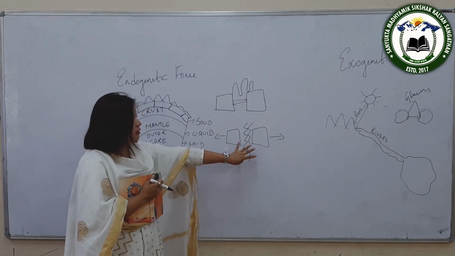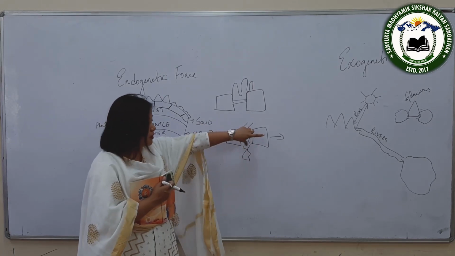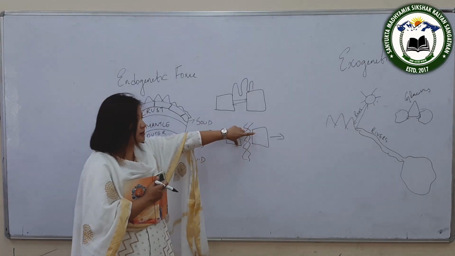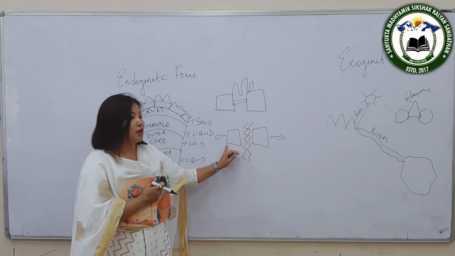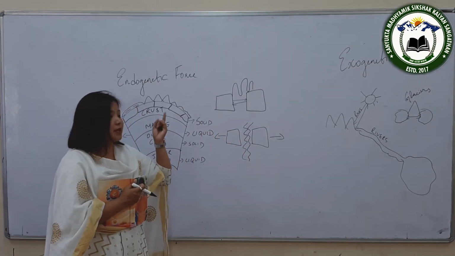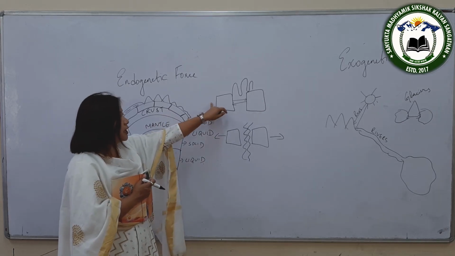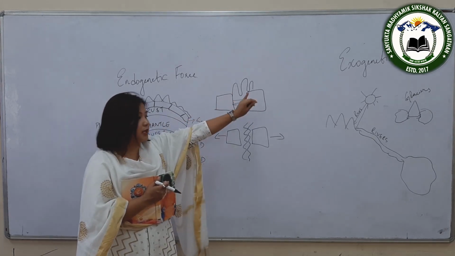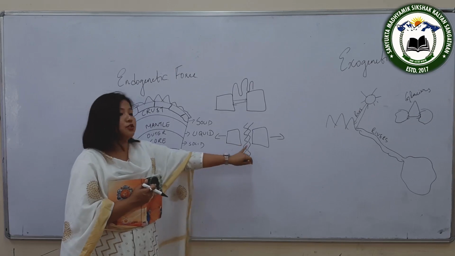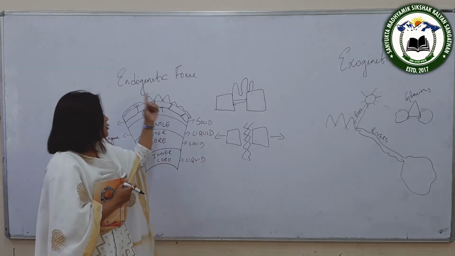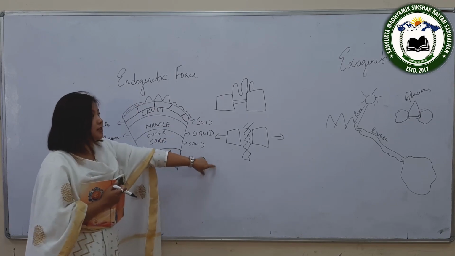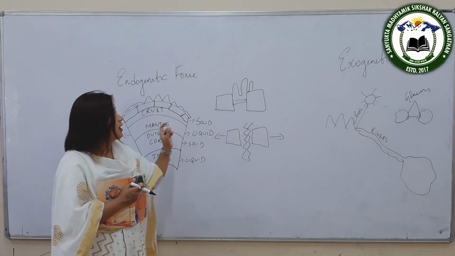Therefore, the rock blocks move apart from each other, and there is either the creation or destruction of landforms. So I have cited two examples: the compressional force which creates fold, and the other one, tensional force, which creates fault. This way the endogenetic force creates such landforms.